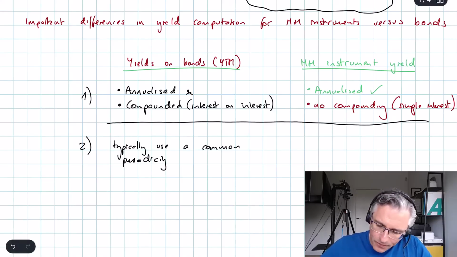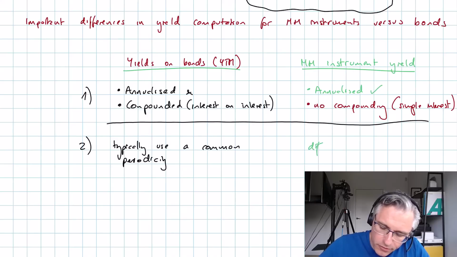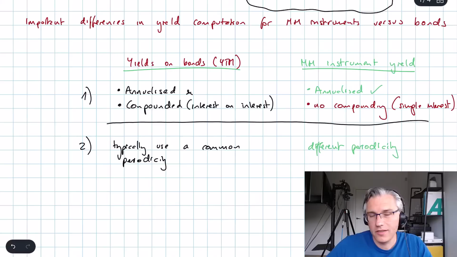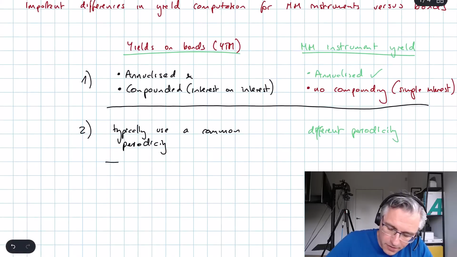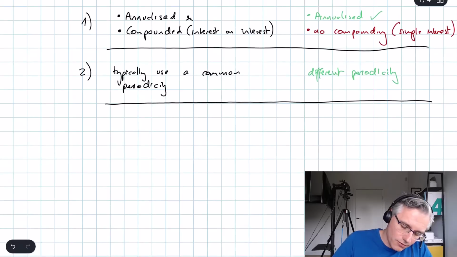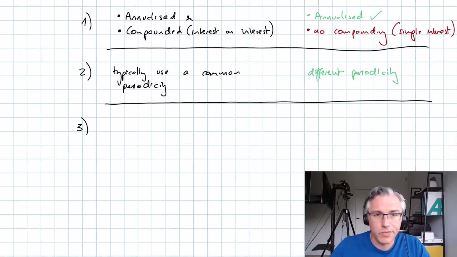With money market instrument yields, you're going to have very different periodicities, because each instrument will have a periodicity that is a function of how much time it has to maturity, and that may differ quite a lot. You'll see that when we start doing computations.